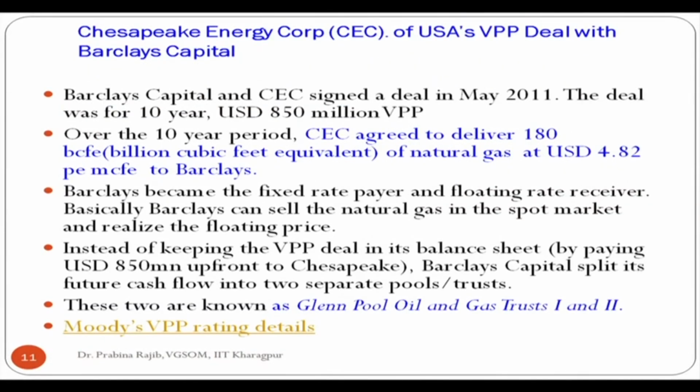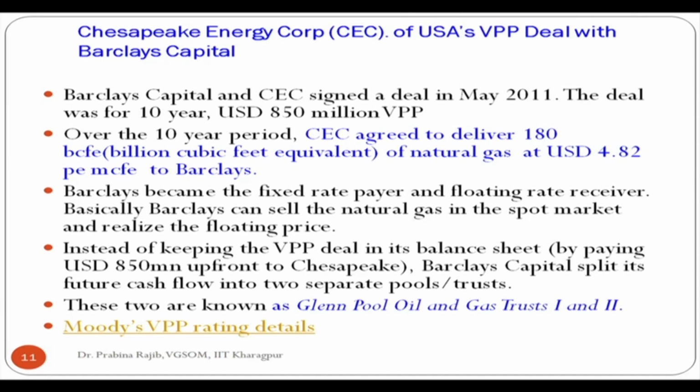So you have a company called Chesapeake Energy Corporation, CEC of USA, which entered into a volumetric production deal with a company called Barclays Capital. Barclays Capital and CEC signed a deal in May 2011. The deal was for 10 years and US dollar 850 million VPP.